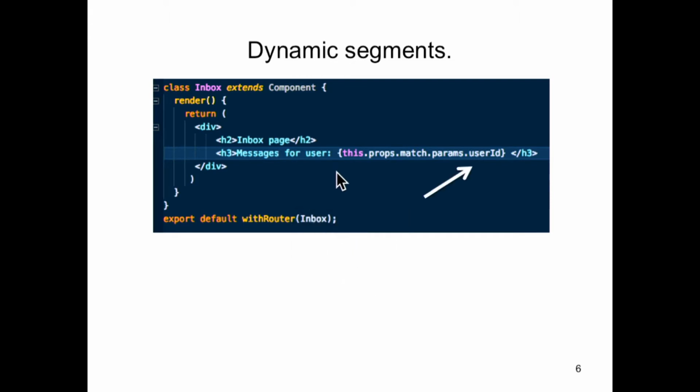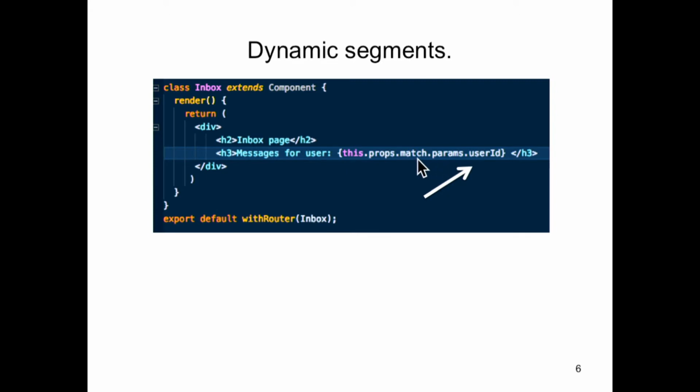So the first thing I want to bring to your attention is this. You get at the parameter via your props. It turns out that the React router actually augments the props object with some extra routing related information. And so to get at the user ID, this is the expression that I use.